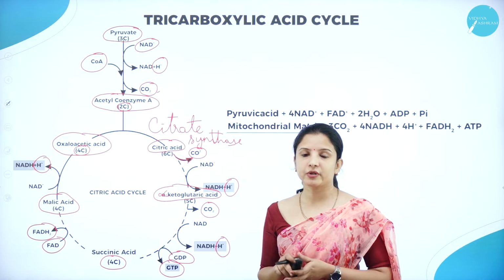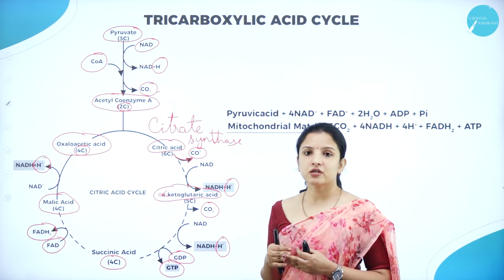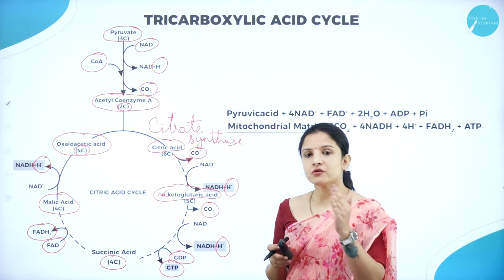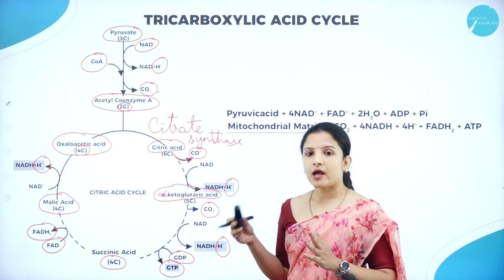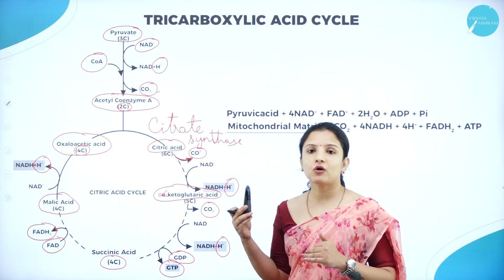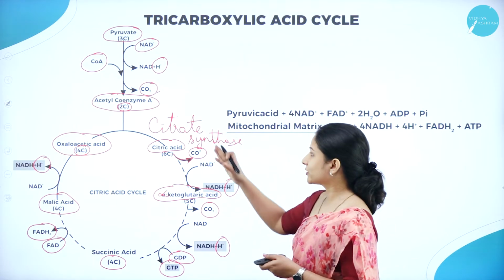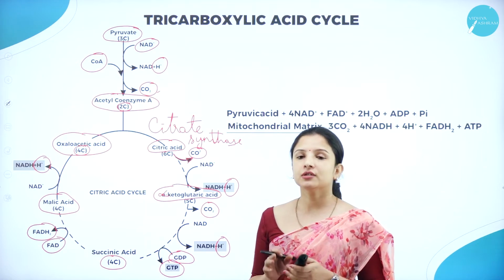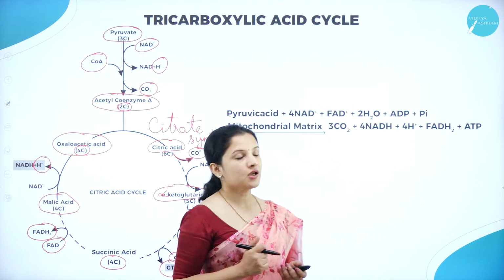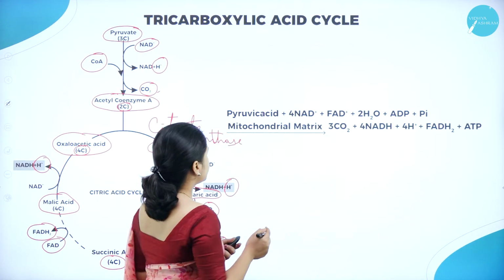For the use of energy, glucose will combine with oxygen to release energy, and also carbon dioxide and H plus ions. That is what is happening in this particular tricarboxylic acid cycle. So this is an aerobic respiration process. So here what happened?